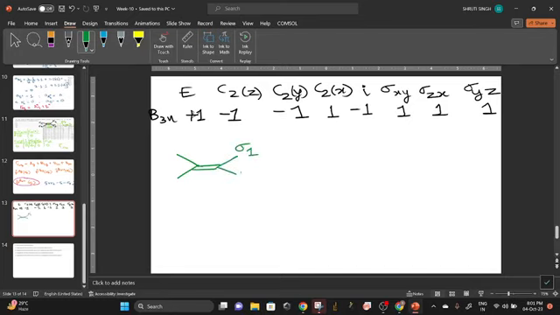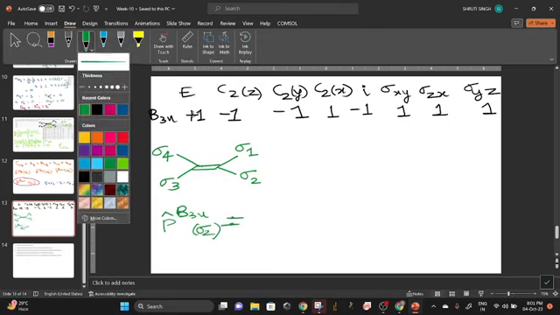Now we need to find what will happen to sigma 2 when we apply the projection operator B3u on sigma 2. The first operation is identity.